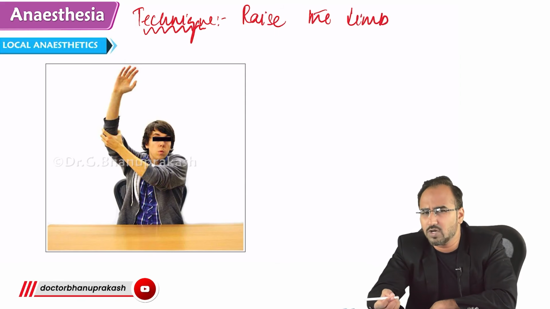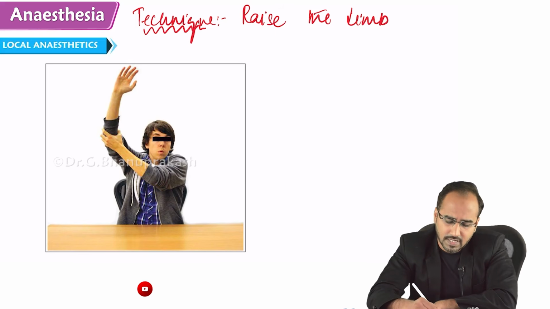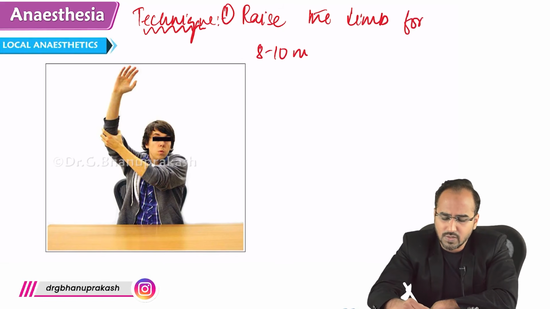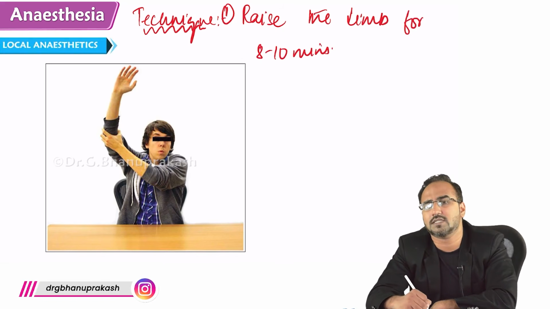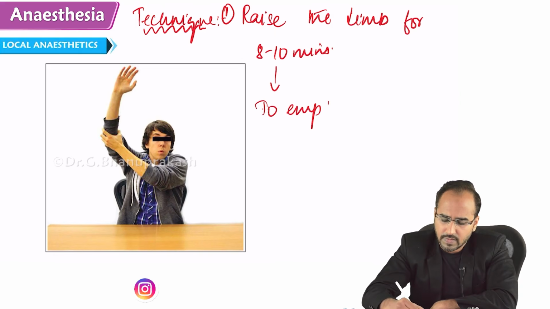It could be upper limb or lower limb, right? Here in this case it is the upper limb, but you need to remember the first part in the technique is to raise the limb for 8 to 10 minutes. Why are you raising the limb for 8 to 10 minutes? To empty the hand.